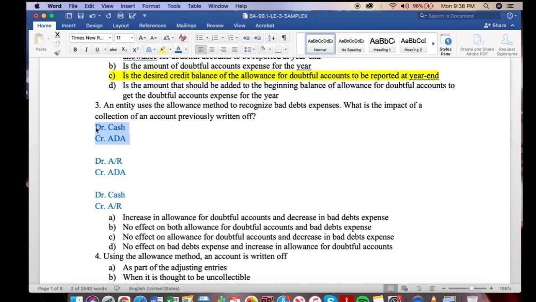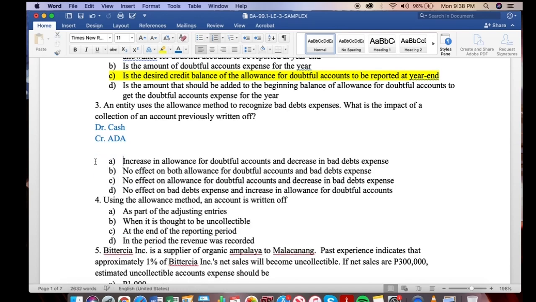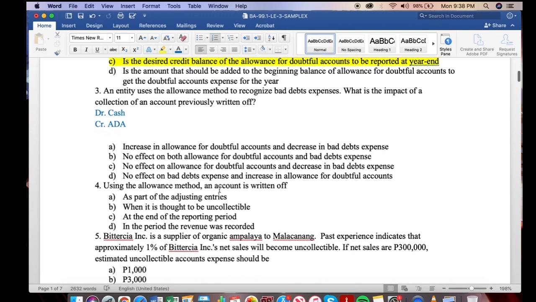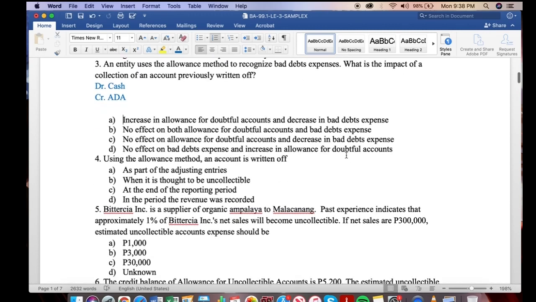So that's our shortcut entry. Therefore, based on the discussion, what's the impact of a collection of an account previously written off? The answer is letter D. No effect on bad debts expense, but an increase in allowance for doubtful accounts.